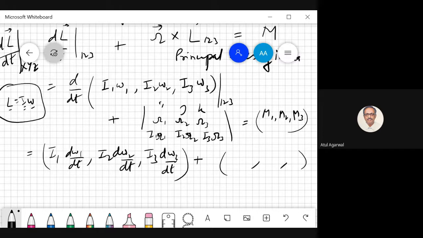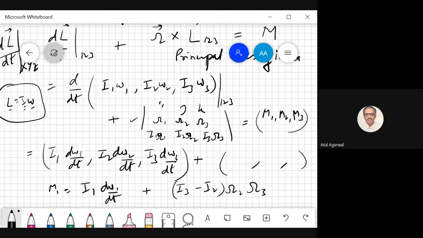So you get the term M1 is equal to I1 d omega 1 by dt plus (I3 minus I2) omega 2 omega 3. You expand this thing, and this is what you get.